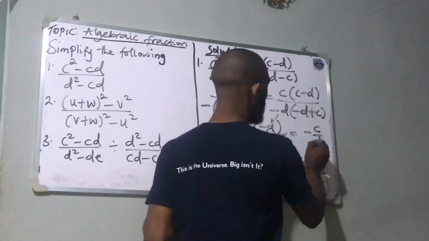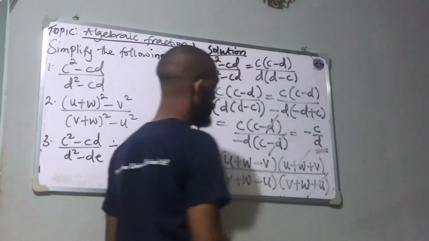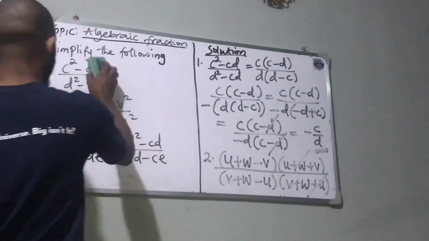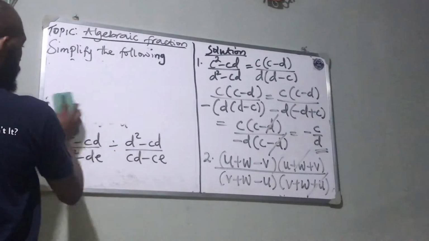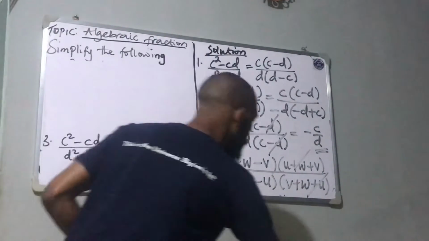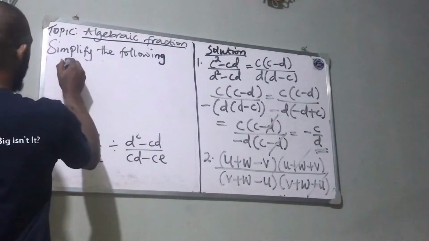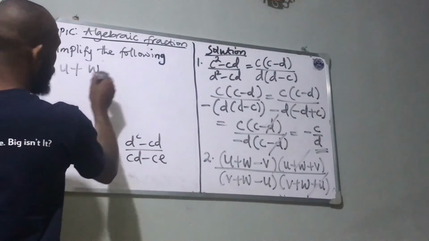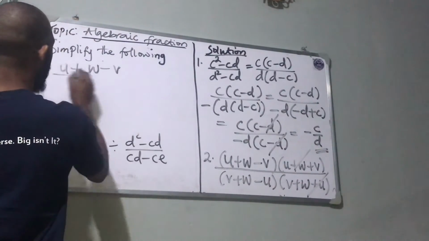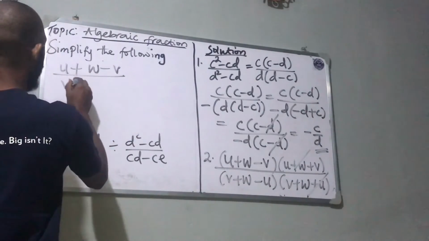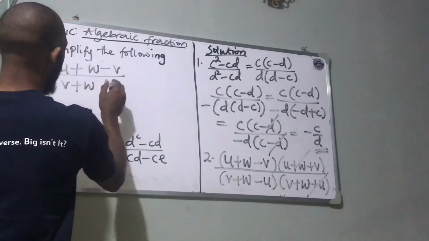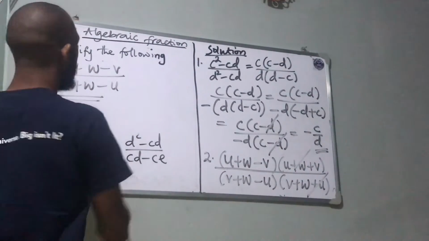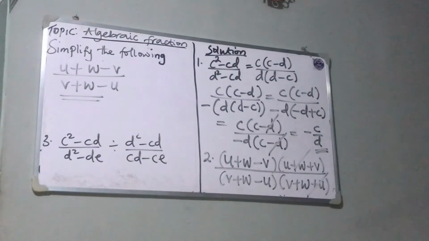So all we need to do is just to cancel out these two, and we'll be left with u plus w minus v over v plus w minus u. So this is the lowest term.